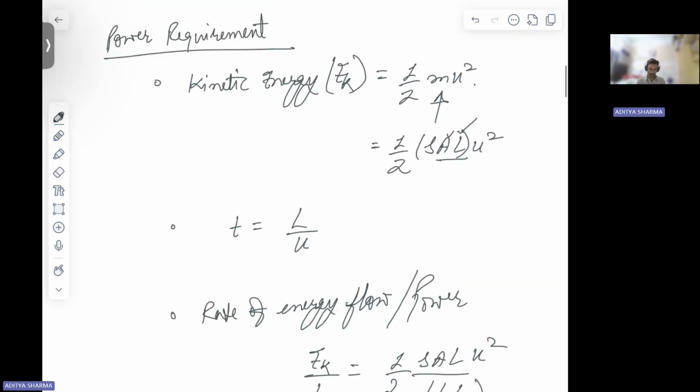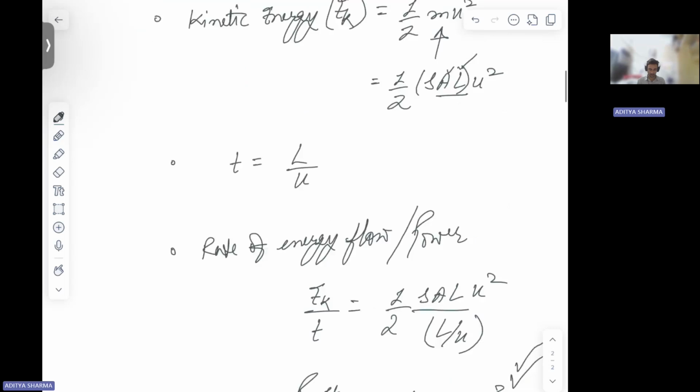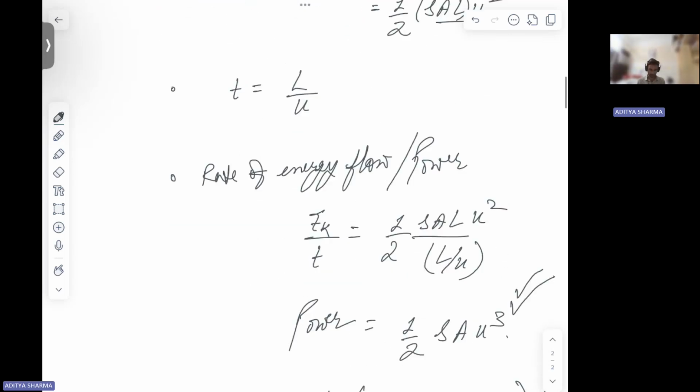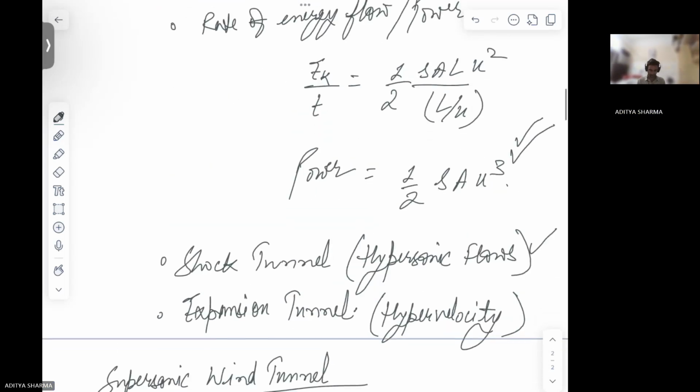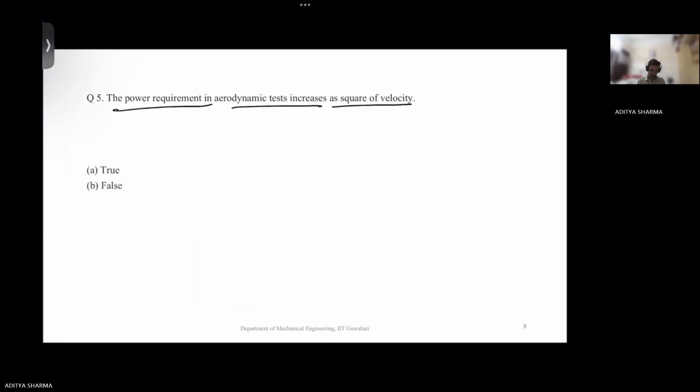So keeping that in mind, these calculations have been done. So this expression has been derived. So this is how this is related as cube of velocity. Power requirement in aerodynamic tests increases as cube of velocity. So this is a false statement.